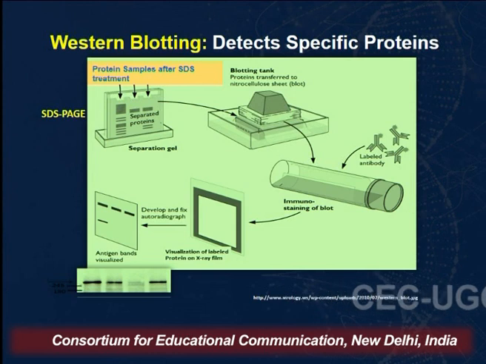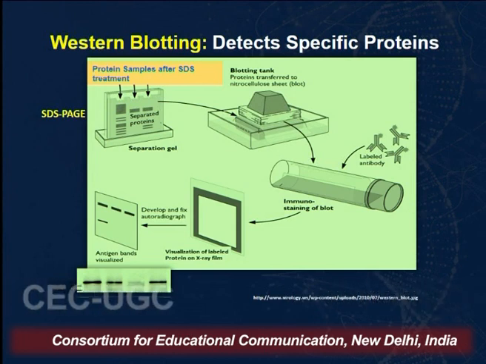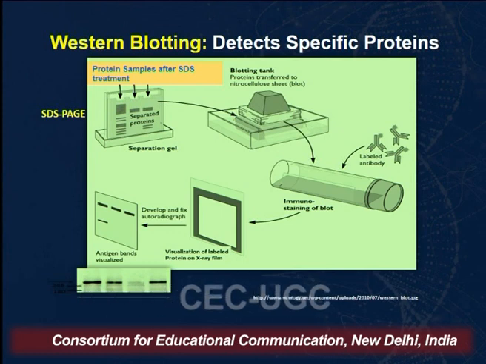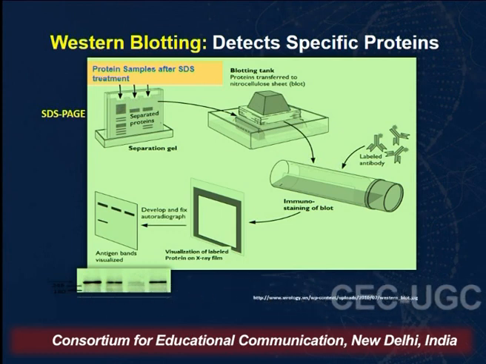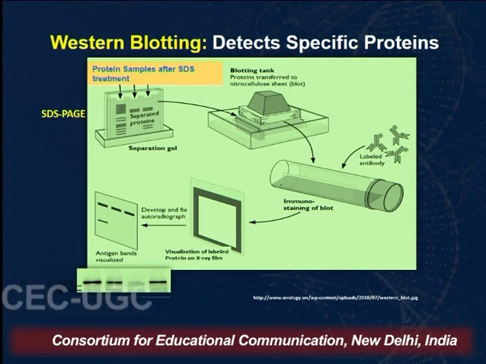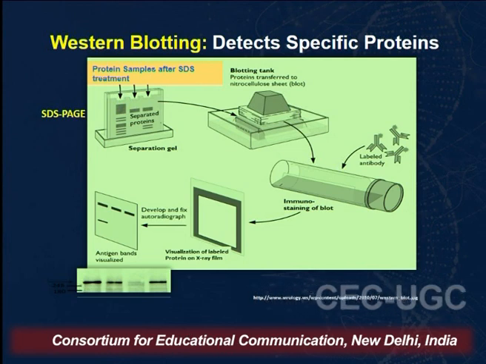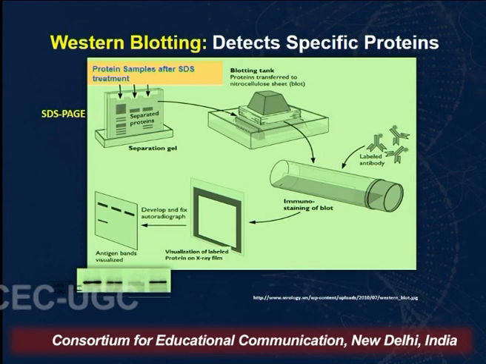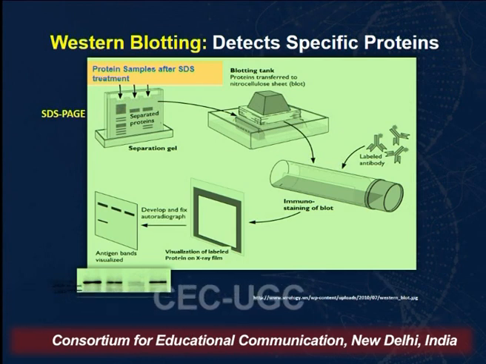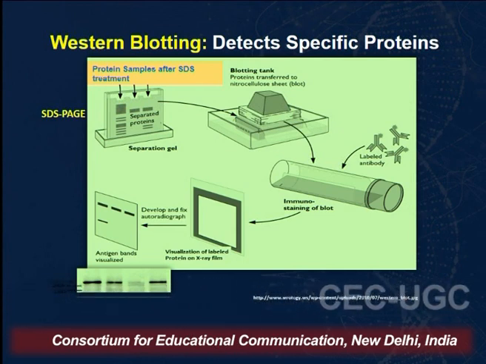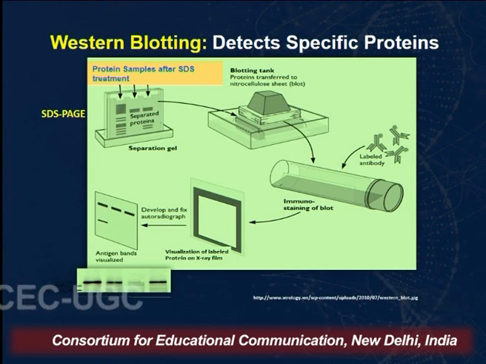As we know, these antibodies will be very specific to a particular antigen or the epitope which is present in that particular blot, so it will only bind to that particular blot. We can see over here at the bottom an image of a protein, and there is a radio labeled protein because these antibodies are radio labeled, so it can be checked with the help of the autoradiography method.